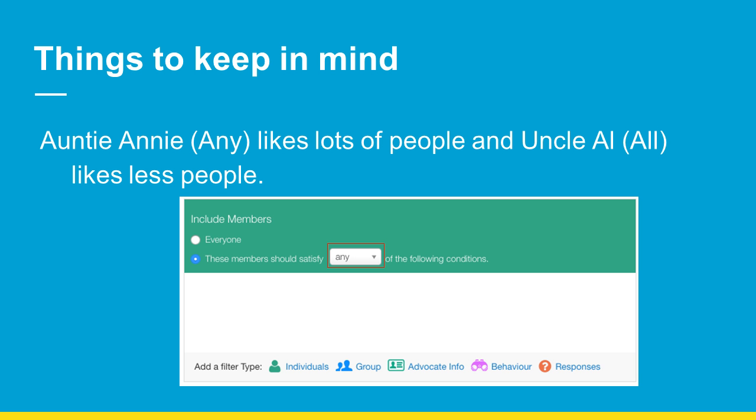I've concocted a wordplay here to help you remember better when using the criteria rules for any or all. Using any, meaning Anti-Any likes a lot of people. It means that using any, you'll generate a lot more people because the rules are less strict.